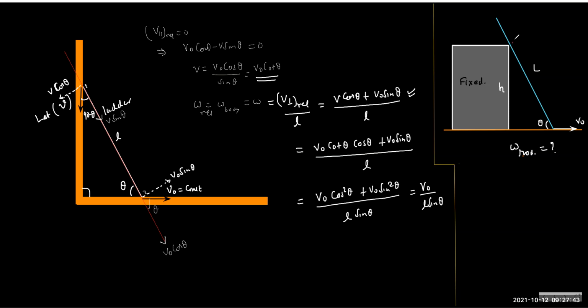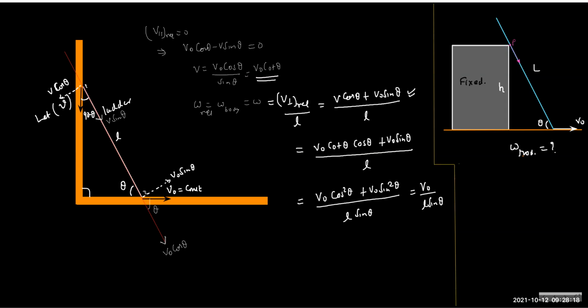So it is exactly moving along the line. At a given instant, the velocity of this point is exactly along the rod itself because it cannot go this way because of the support. Support will stop it. So you cannot move perpendicular. The only way you can move is along the line.